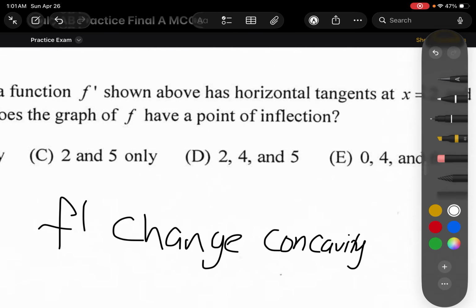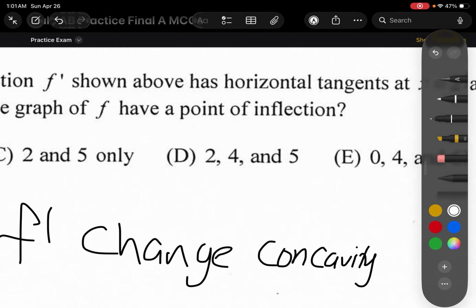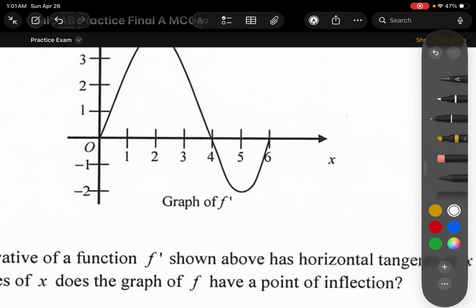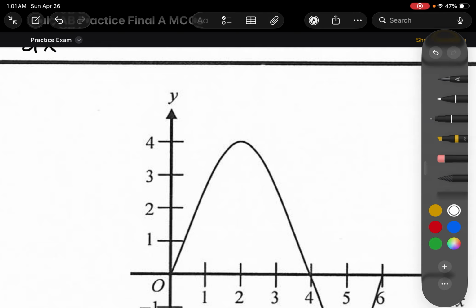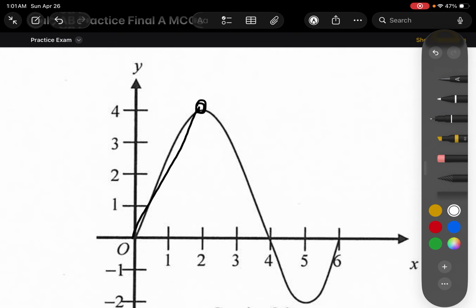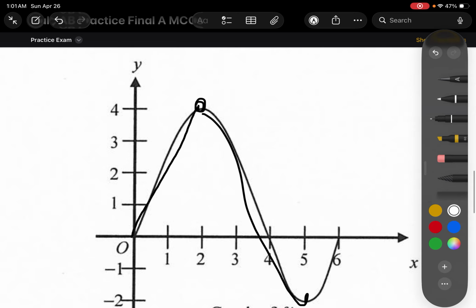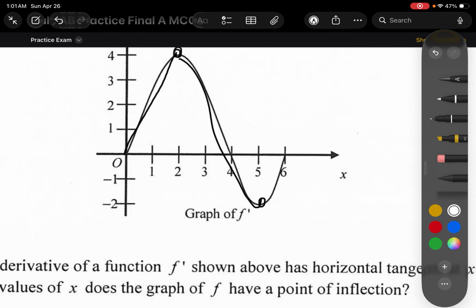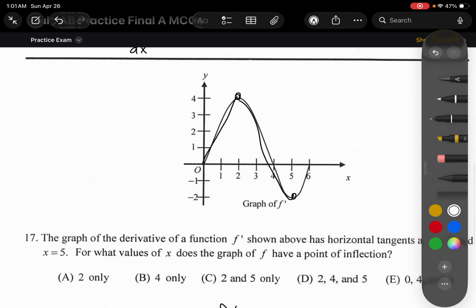So we're looking for the change of slope of f prime of x. So when does f prime change slope? It goes increasing from 0 all the way to 2, then it decreases from 2 to 5, then from 5 to 6 it increases. So points of inflection are basically like the peaks, or the points of change in slope. So points of inflection are at 2 and 5.